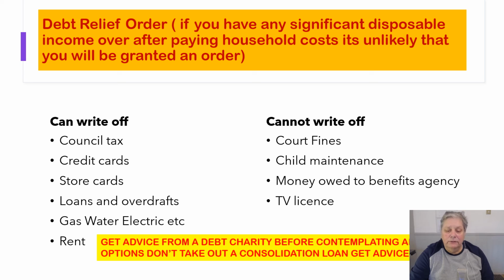Child maintenance, money owed to the benefits agency, i.e. you've had to take a loan from them while you're waiting for your universal credit to kick in, and TV license.